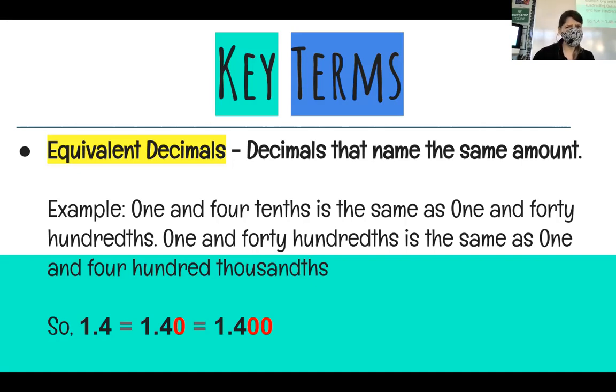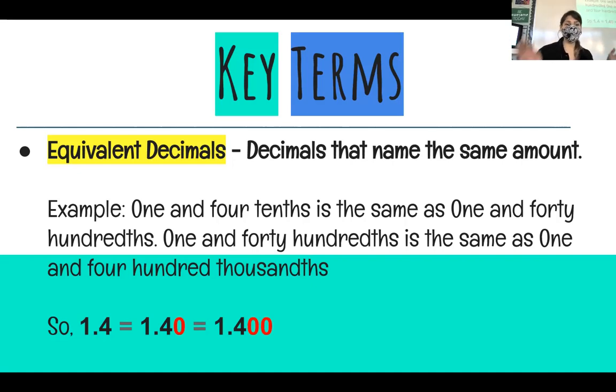Always try and write your decimals in simplest form. So if you got 40 hundredths, I would write it as 4/10, because those extra zeros at the end are unnecessary. Just like you wouldn't say, I am 11 and 0/10 years old. You would just say I'm 11, right? 0/10, 0/100, 0/1000. If there's a zero, it is a zero. There is no need to record it. All right? Go for it.